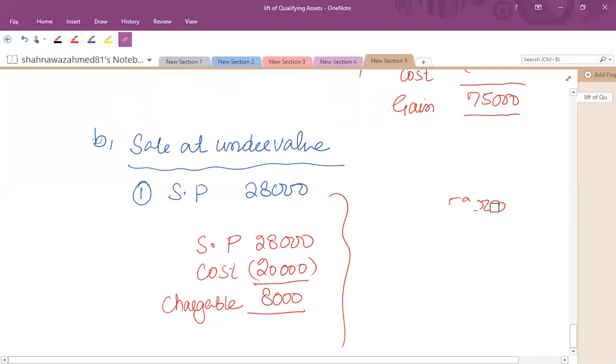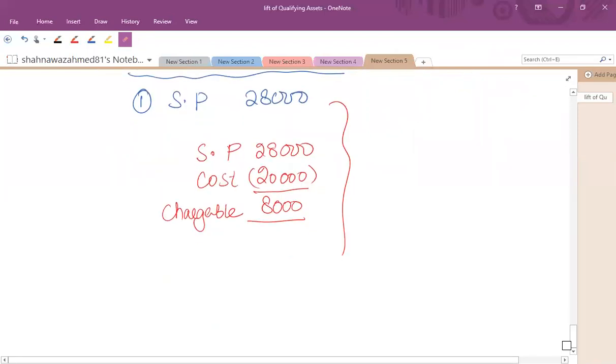So let's do it in such a way that 8,000 is the gain, and from donor's point of view its market value was 52,000 and cost was 20,000. So the gain was 32,000.